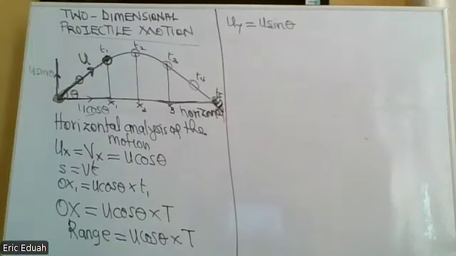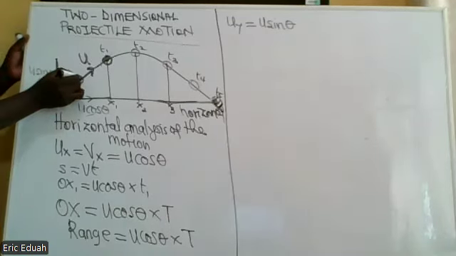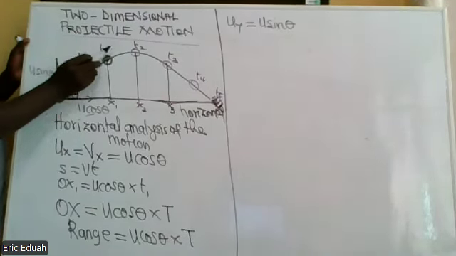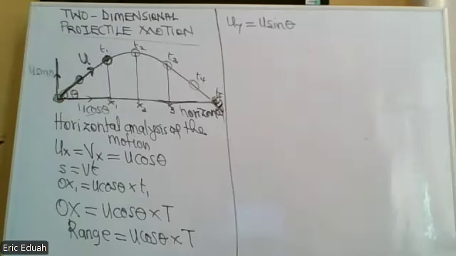All right. Friends, are you okay? Yes, sir. Because over here, when the object is shot, it is going up, it will decelerate, meaning its speed must decrease.